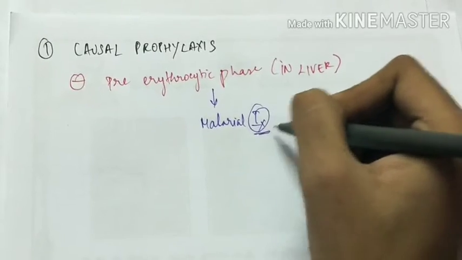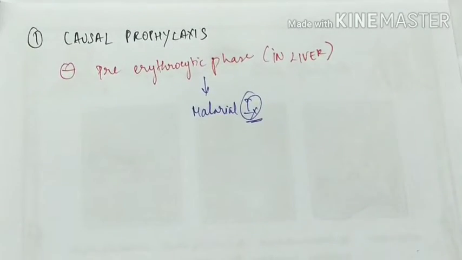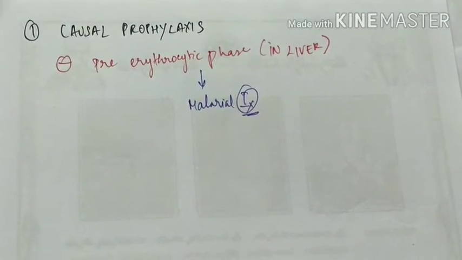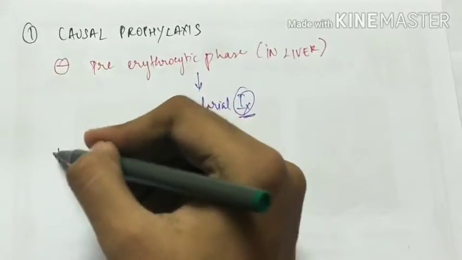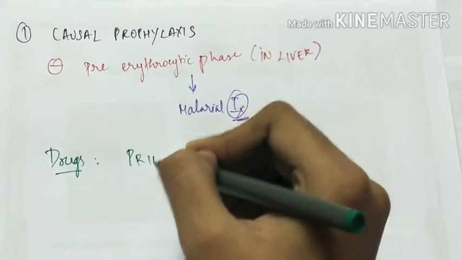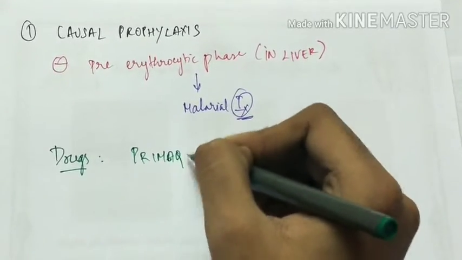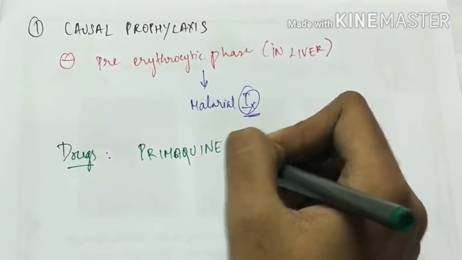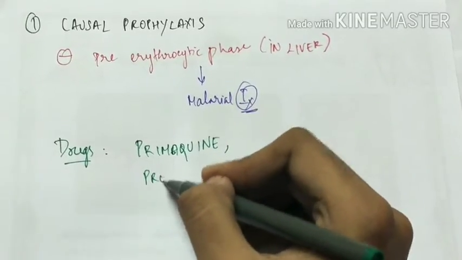The "ix" stands for infection. Drugs include primaquine and proguanil.